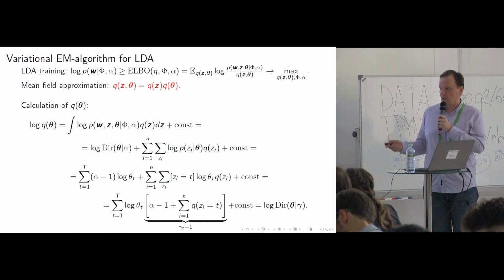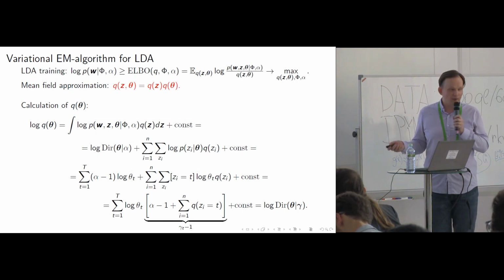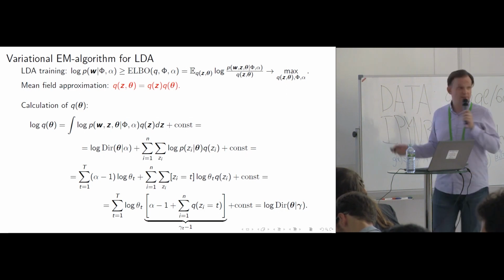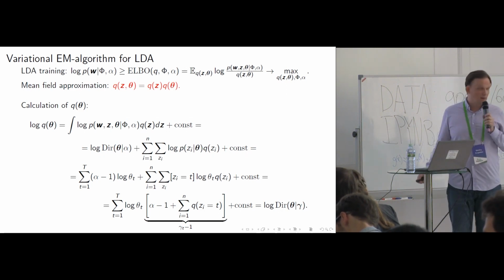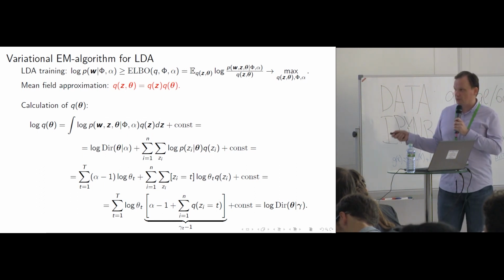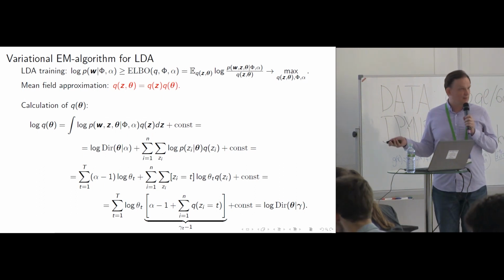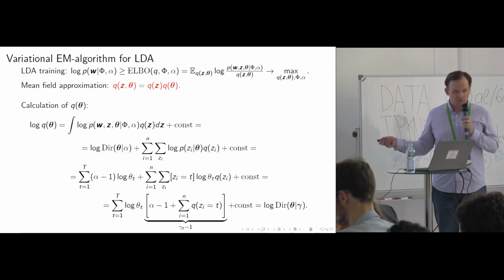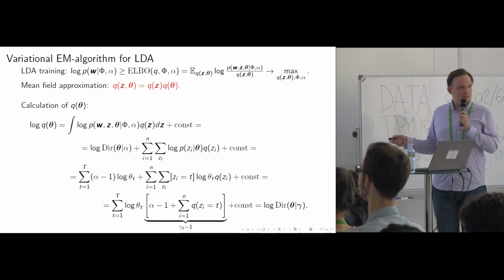It is the sum of log theta t times some value plus a normalizing constant. Looking at this expression as a function of theta, it is easily seen that this is just a Dirichlet distribution, but with some modified parameters.